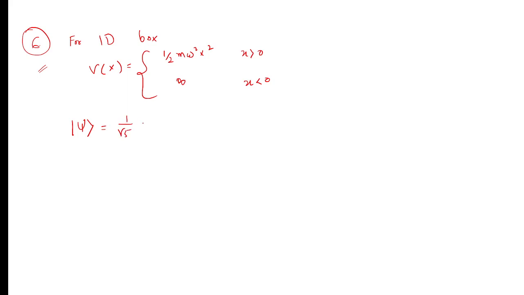So let's take another question. For a 1D box, we have not a box actually, a kind of potential, that is a harmonic oscillator potential given. We just need to find the expectation of energy, and the wave function is also given.